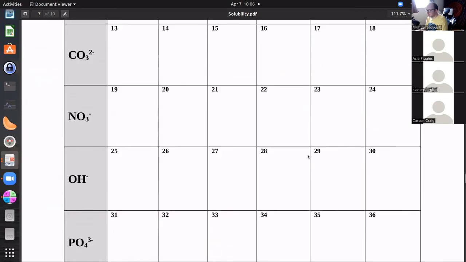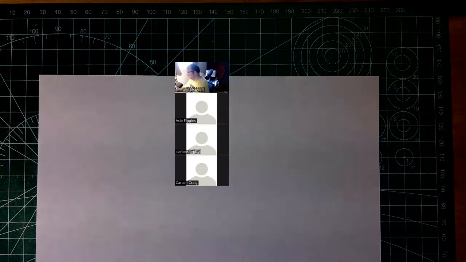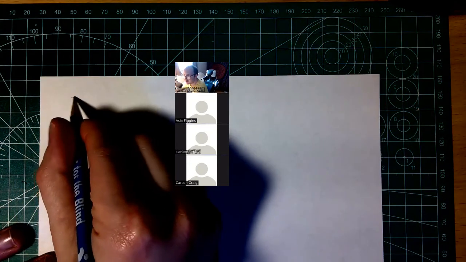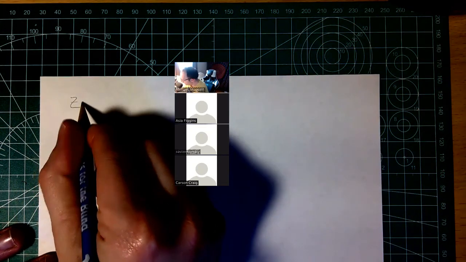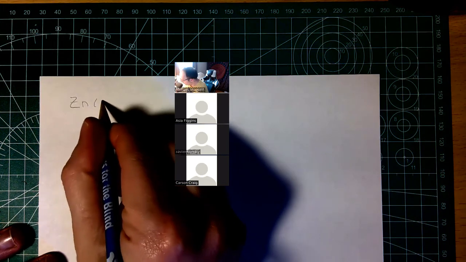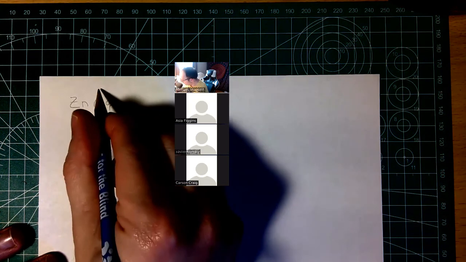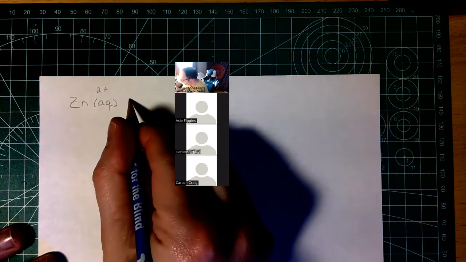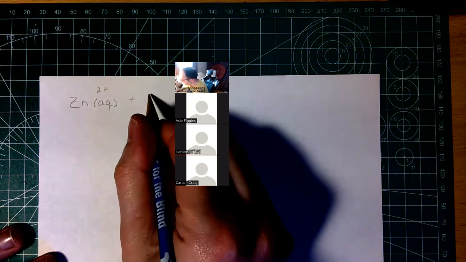Let's see if we can come up with a good example here. One that should form a precipitate in our example is when we have zinc aqueous. This is a 2+ cation. You can see that in the table, right?